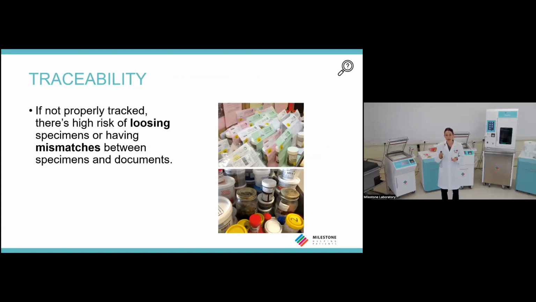And please consider that with plastic containers, the documentation that should always stay in contact with the specimen is very important. Unfortunately, we know that sometimes in a pathology lab, they receive a specimen without documentation, documentation without the specimen, or sometimes there is a mismatch, and this is really not acceptable.